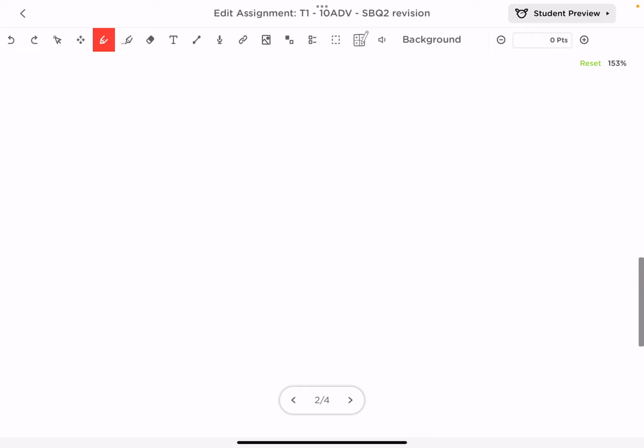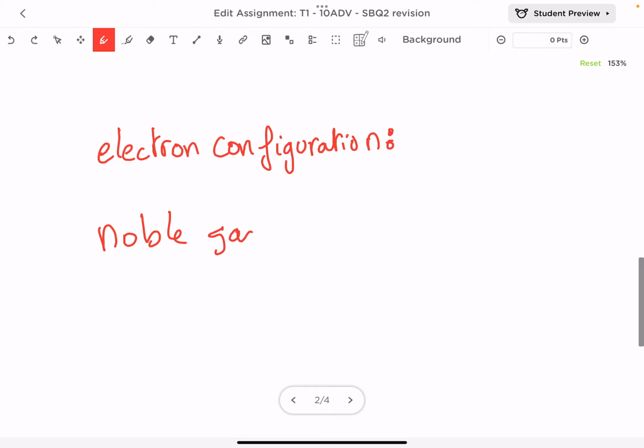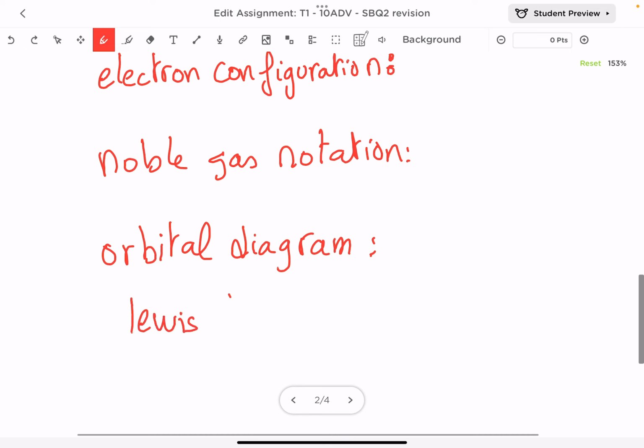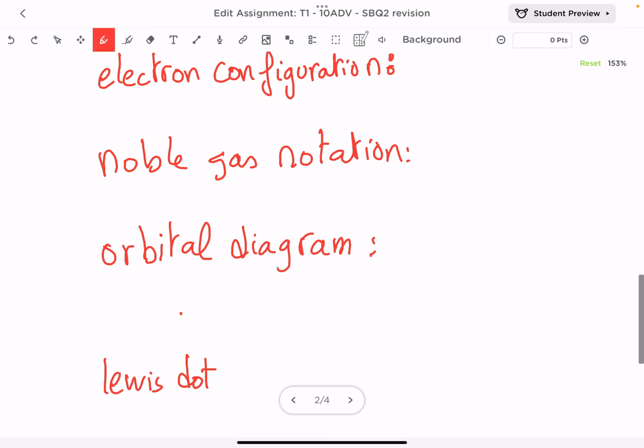You have to know the name of each one: electron configuration, noble gas notation, orbital diagram, and Lewis dot structure or Lewis dot diagram. Let me just give some space here.